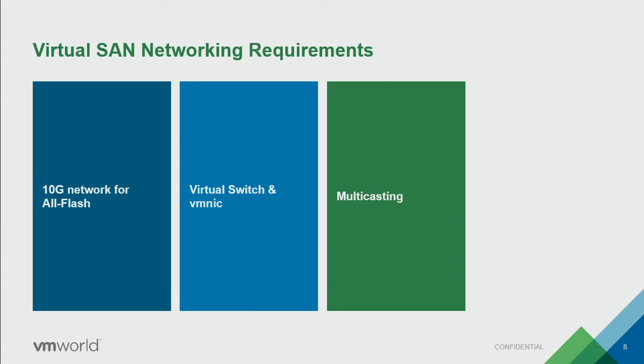So this is why we use multicasting within the nodes for the metadata communications. That's a requirement, and we'll talk about how multicasting works. John's going to explain how it works on different networking topologies, and then we'll look at some of the things you need to consider when things don't seem to be working fine.